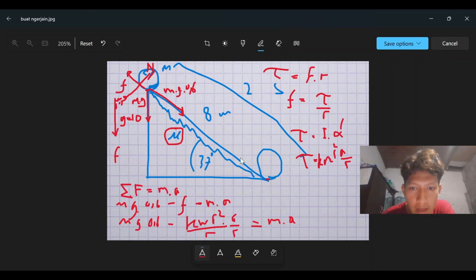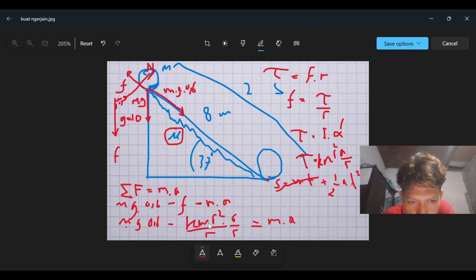We can deduce the acceleration using s equals initial velocity times t plus half of acceleration times t squared. We know s is 8, initial velocity is 0 because it rests at the top, t is 2, so a equals 8 times 2 divided by 2 times 2. So a is 4.